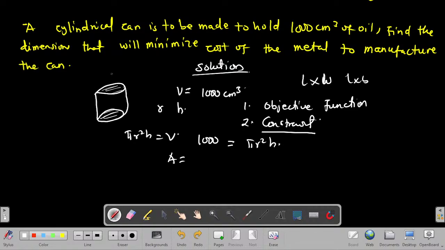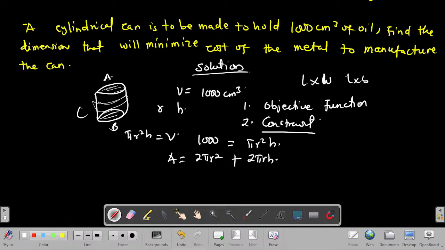A cylinder has three cross sections: I have A, I have B, I have C. The two opposite sides are circular cross sections, and I have the curved surface. The area of the two circular sides is equal to 2 pi r squared, having two circles added together. Then for the curved surface, it is 2 pi r h.